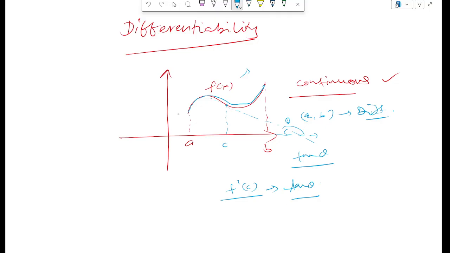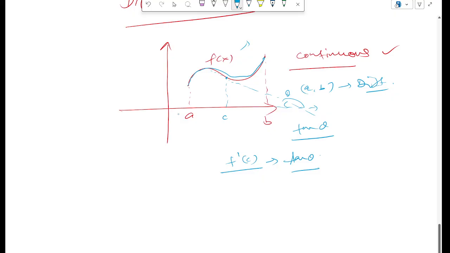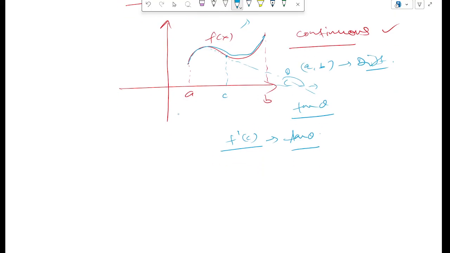So if it is smooth, one more thing we can derive is this: if a graph has a breakage point, let's say this graph is not continuous at all, then we cannot talk about smoothness. Then there is simply a gap in the graph.